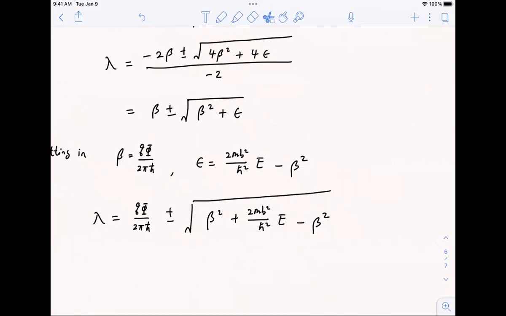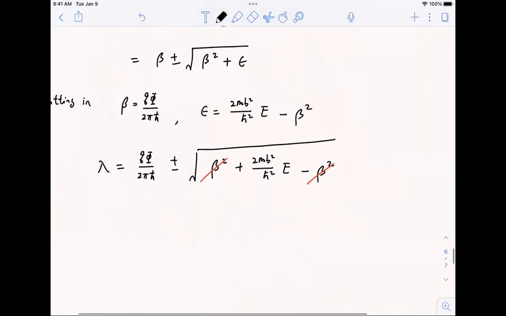It turned out that these two can be canceled. And then you get this, plus and minus. The B and h bar can come out. Then you have 2ME. Okay, so that is the solution.